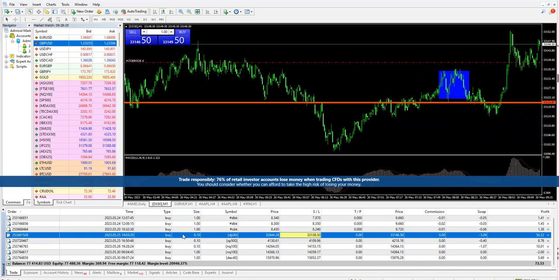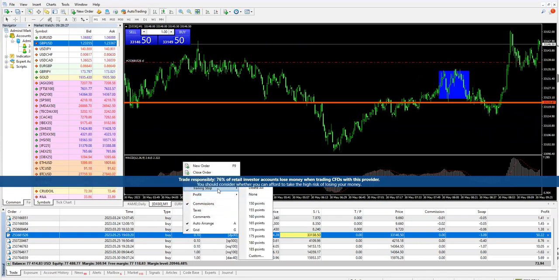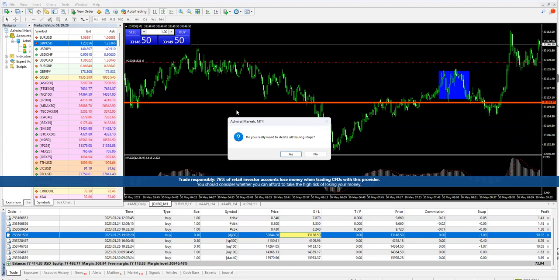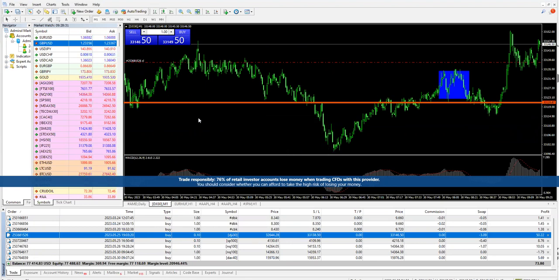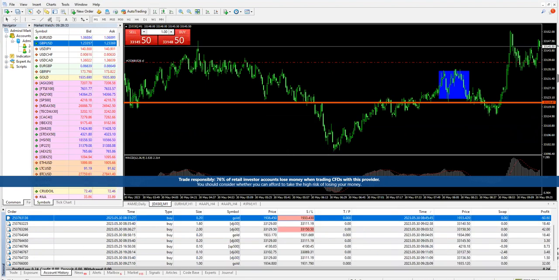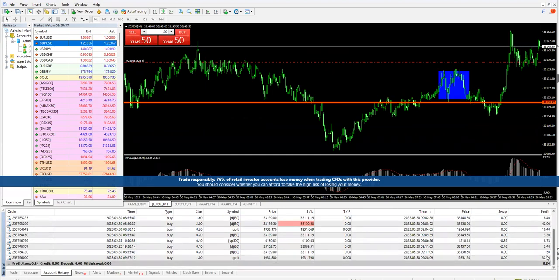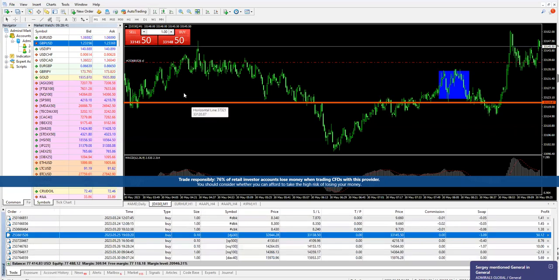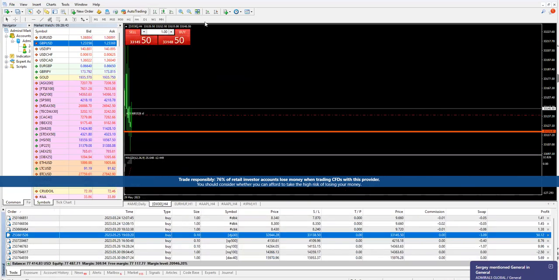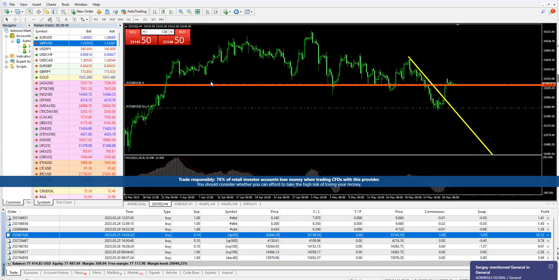If I modify the stop loss here, let's calculate how much money I lost. It's a zero game today on this account. So I can set back the stop loss of Dow Jones to the break-even point because I still believe in the bullish trend.